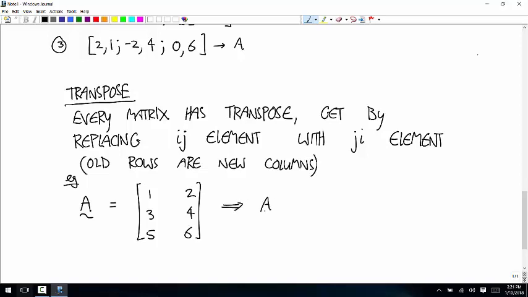And the transpose, you call it A transpose with a capital T looking like an exponent, is equal to, so in the first case, 1, 2 was the first row. Now that's going to be the first column, 1, 2. 3, 4 was the second row. Now that's going to be the second column. 5, 6 was the third row. Now that's going to be the third column.